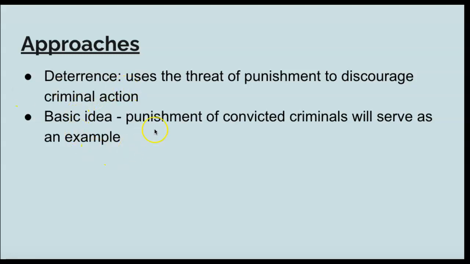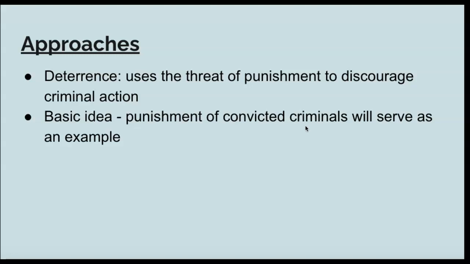The basic idea is that the punishment that the convicted criminal receives is going to serve as an example of what can happen if said person commits a crime. So it's going to hopefully prevent that criminal from doing it again, or if other people understand the punishment that that person received, they will be less likely to commit the same offense.